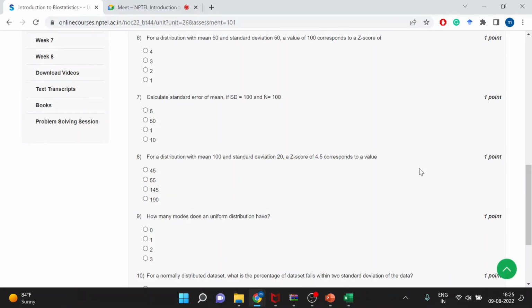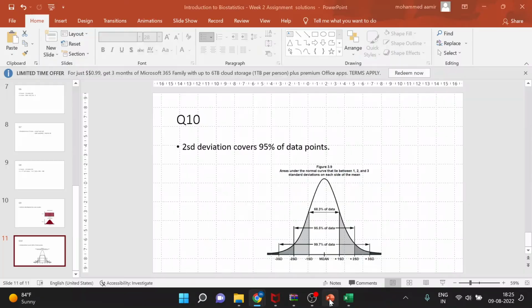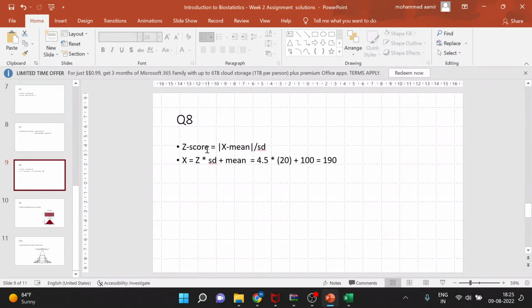So for a distribution with mean 100, standard deviation 20 and a z-score value of 4.5, what value is it? So you've been given a z-score, the mean and the SD. You need to find out what x is.